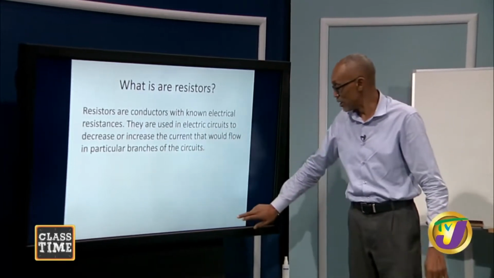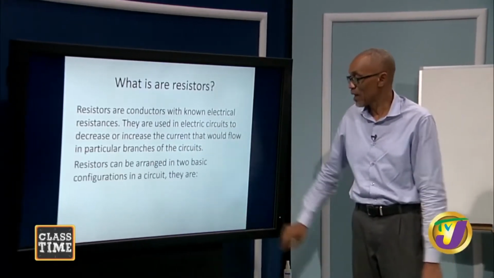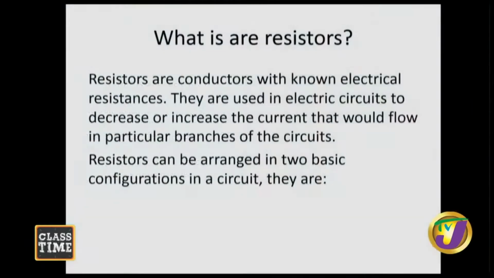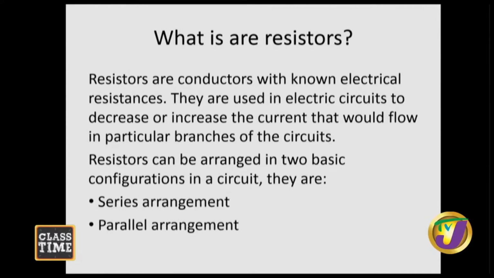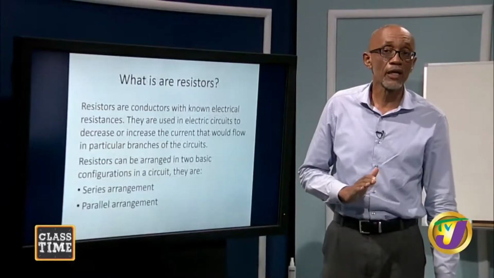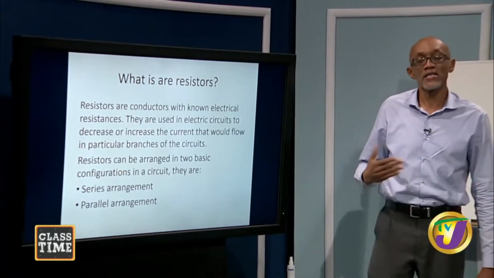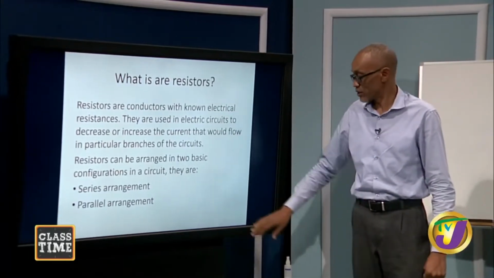Let's see how that happens. Resistors can be arranged in two basic configurations in a circuit: a series arrangement or a parallel arrangement. It is as a result of these configurations that we can get the decrease or the increase in the current with our resistors.